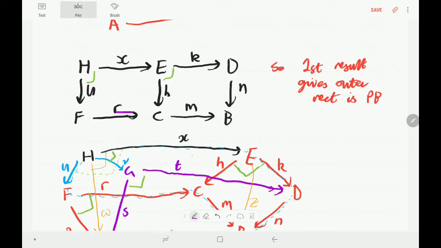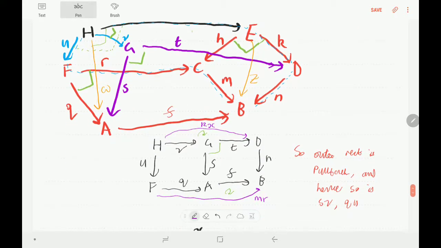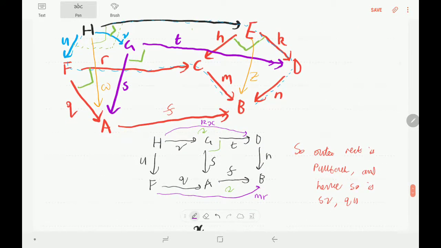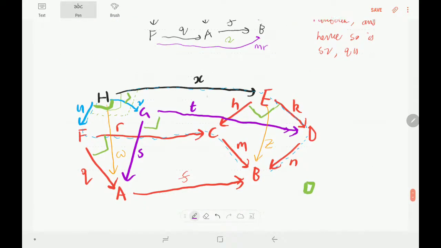So we know that H is a pullback of the outer perimeter of this diagram. Then our first result gives us that since the outer rectangle commutes, this left rectangle must commute as well. So this square commutes as well, and this completes the picture.